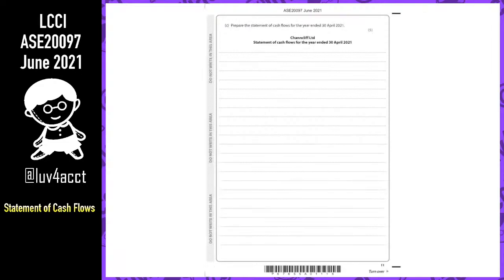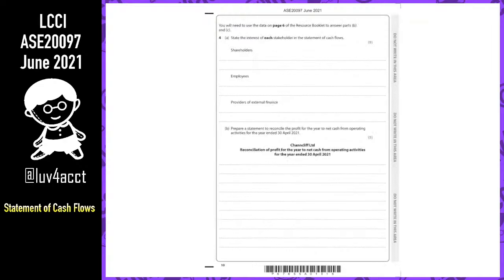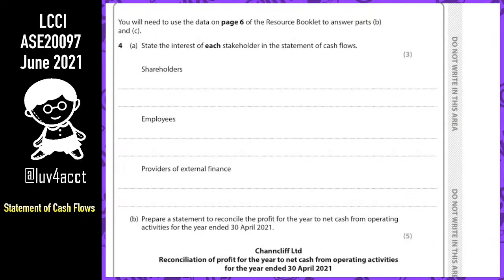And then some explanation questions. So stakeholders. Why are they interested? State the interest of each stakeholder in the statement of cash flows. Why are they interested in the statement of cash flows for these 3 stakeholders?